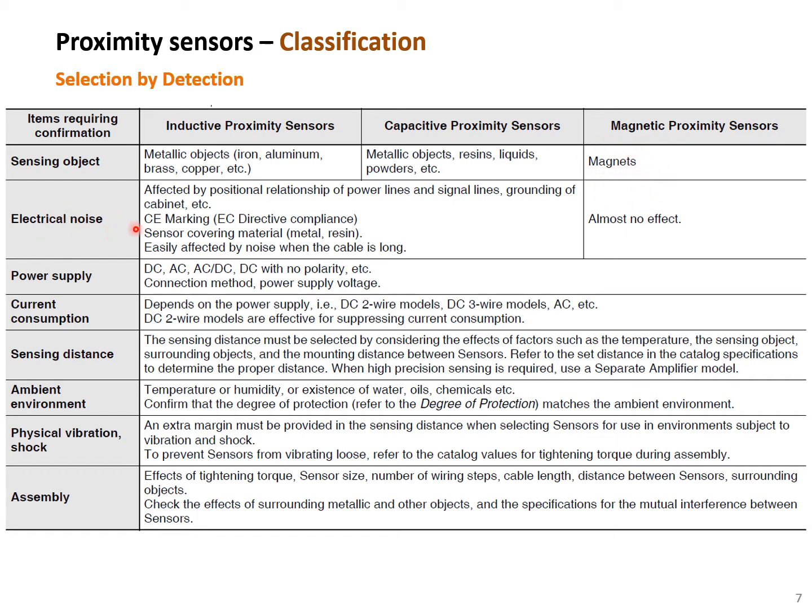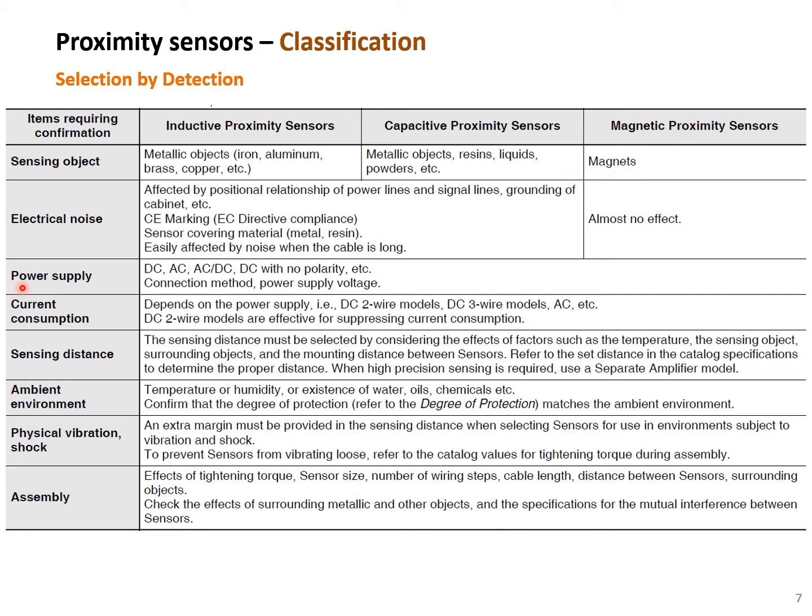Electrical noises can affect both inductive and capacitive proximity sensors because they work on the basis of an electrical circuit, but they have almost no effect on the magnetic proximity sensors.